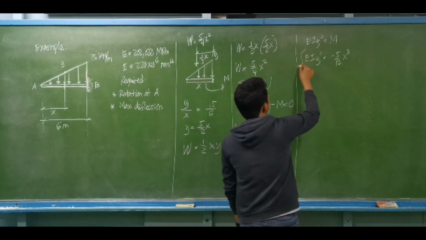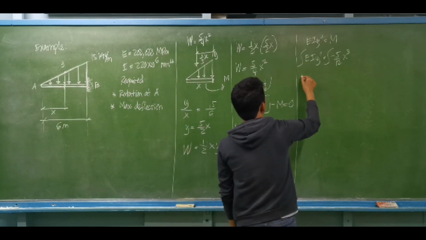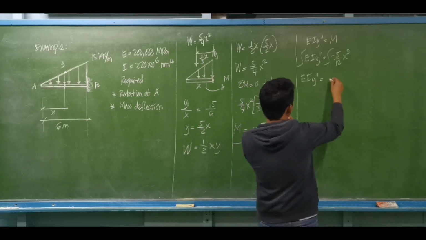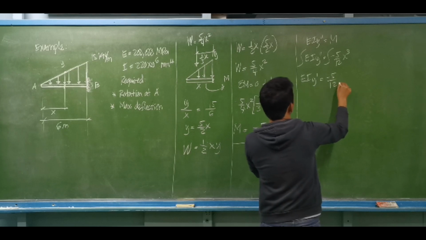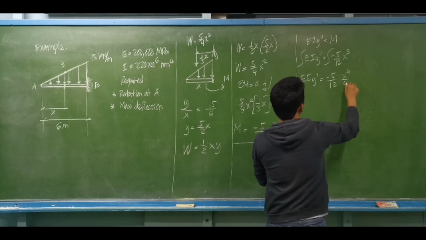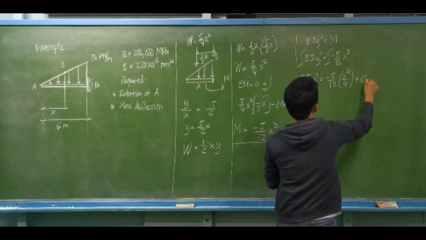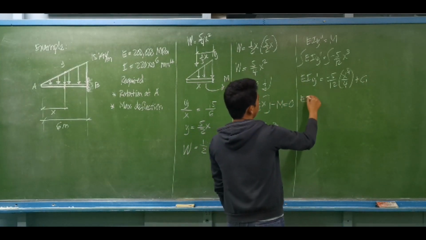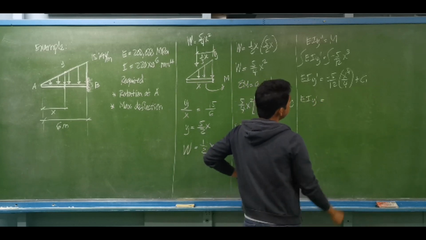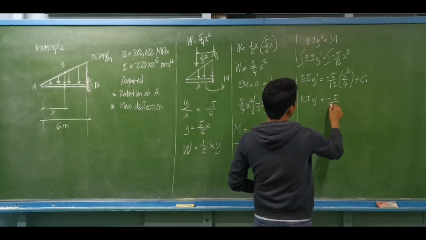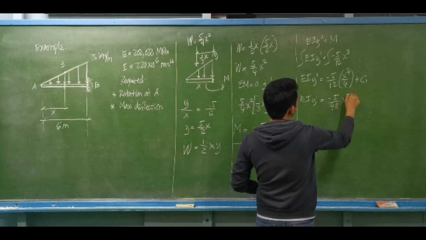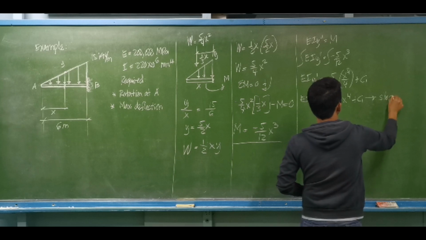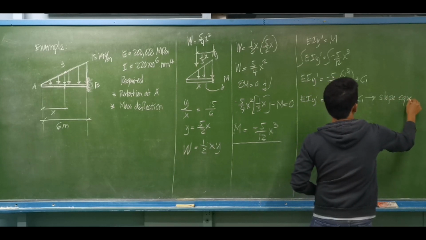Integrating both sides, EIy prime is equal to negative 5 over 12 of x to the fourth divided by 4, plus the first arbitrary constant. So EIy prime is equal to negative 5 over 48 of x to the fourth plus c1. Again, this is our slope equation.